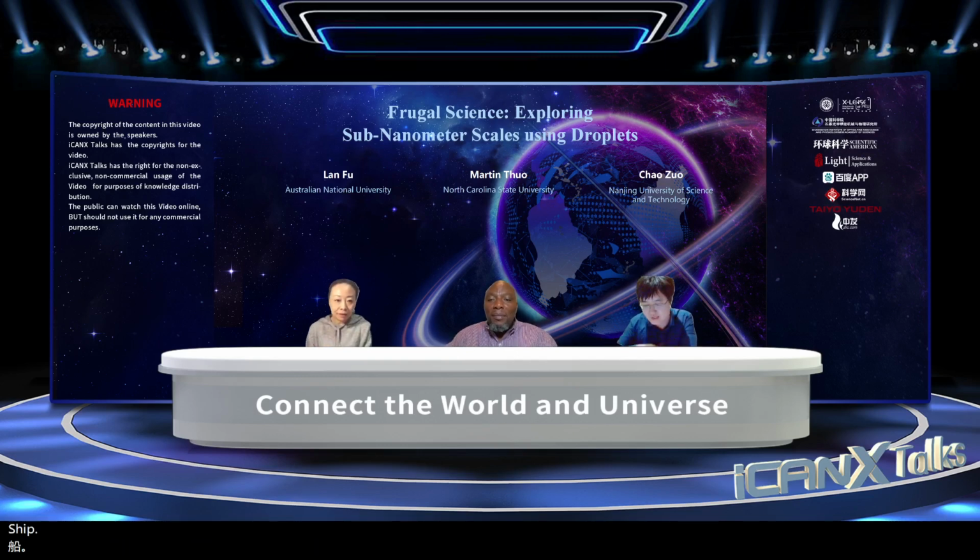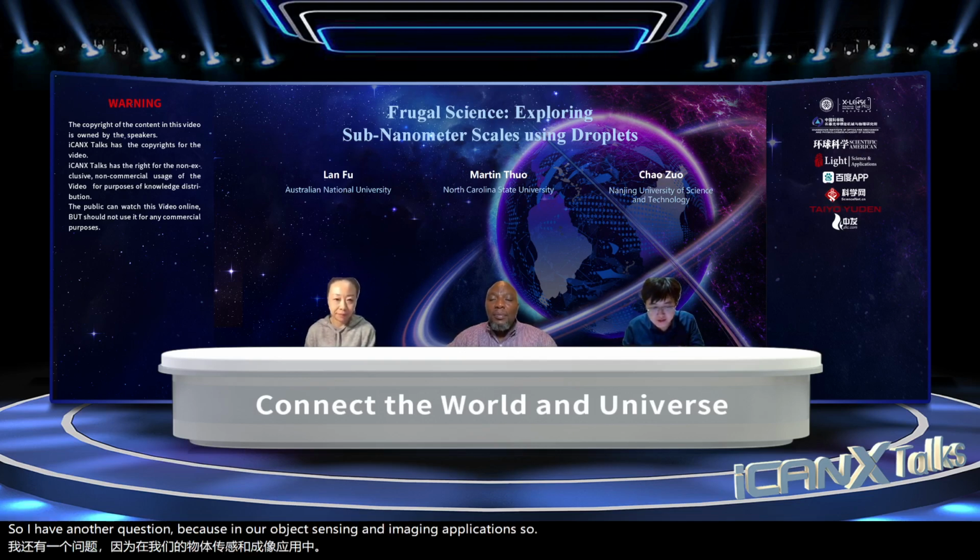So I have another question, because in our optical sensing and imaging applications, the metasurface is a kind of optical modulation device. It can change the properties of the light, for example the phase, amplitude, and polarization, and give you new applications.